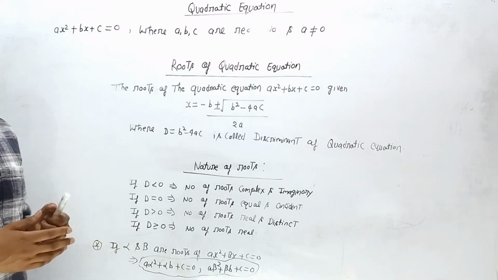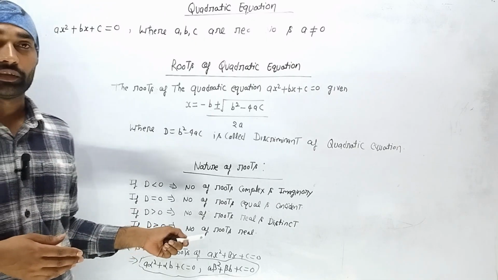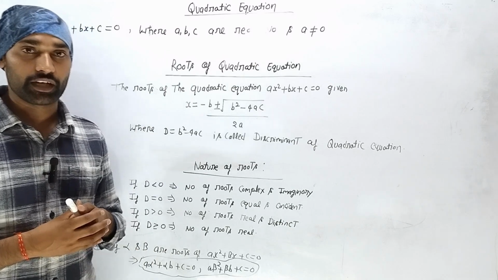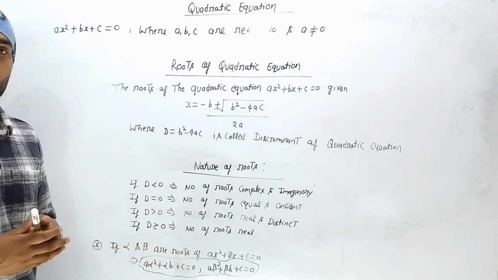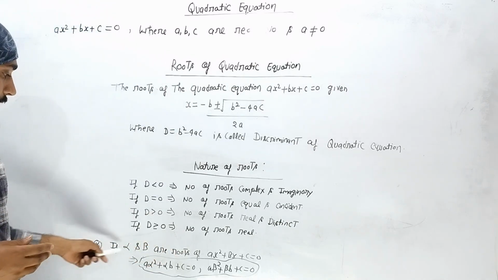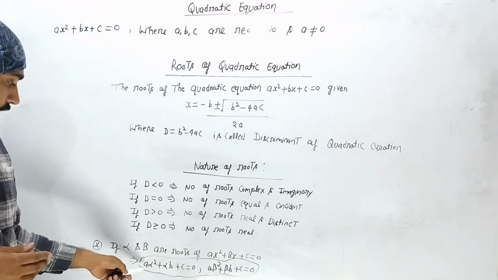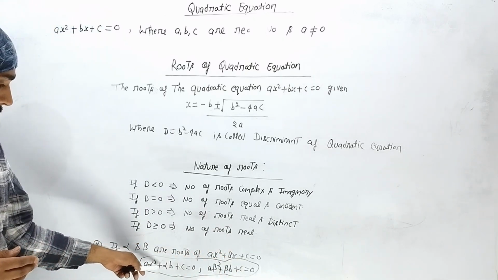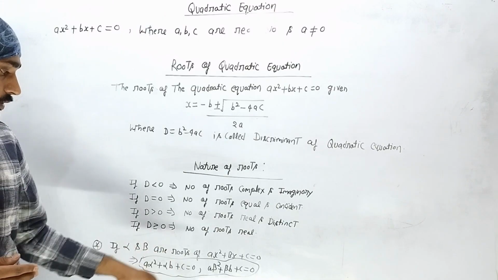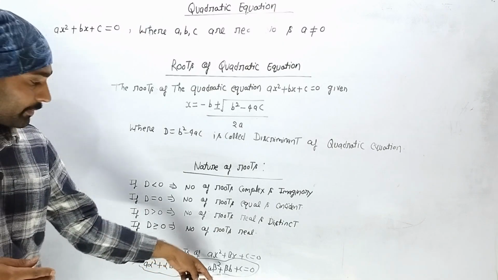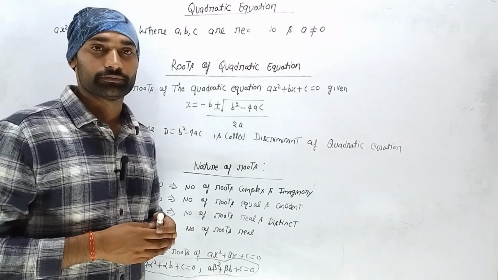If D greater than or equal to 0, then the roots are real. If alpha and beta are the roots of the quadratic equation, then they satisfy a alpha square plus b alpha plus c equal to 0 and a beta square plus b beta plus c equal to 0.